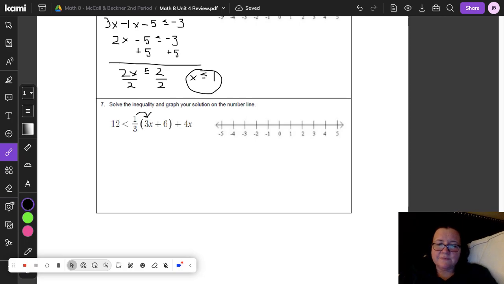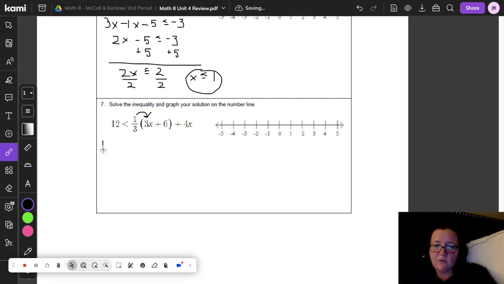1/3 times 3. All right, 1/3 times 3, we're multiplying by the reciprocal, which equals 1.